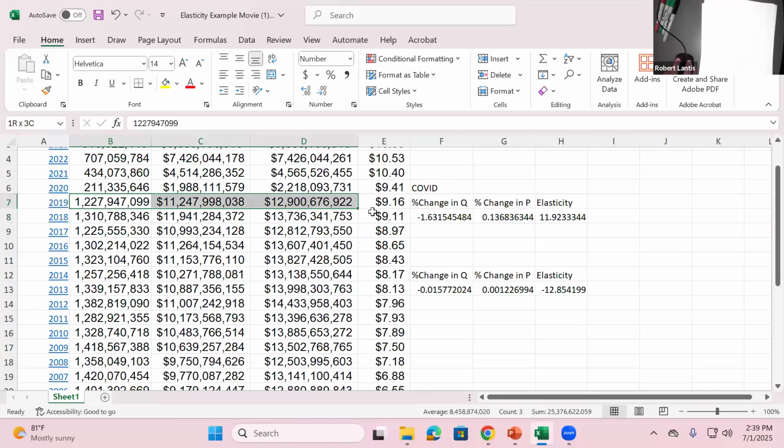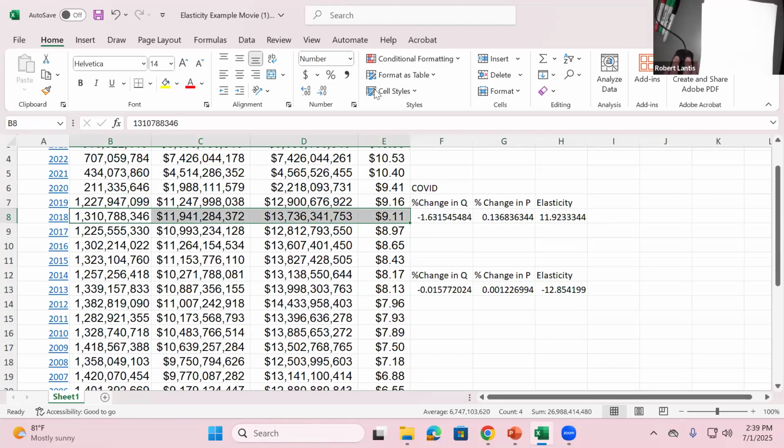We would have to look within a very short time frame at differences in prices. So it's okay to use this for an example, but we want to be a little bit careful. We shouldn't plot them all out to get demand, because really demand for movie theater tickets is going to be 2019 demand, 2018 demand, et cetera. It's going to look different every single year because we can't hold all these other factors constant.